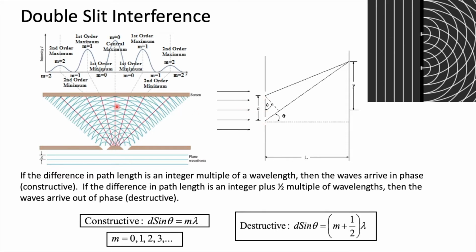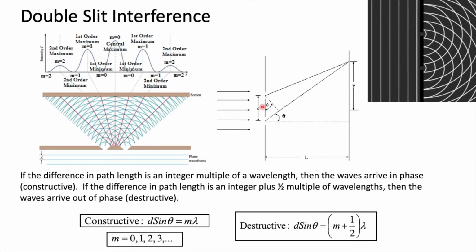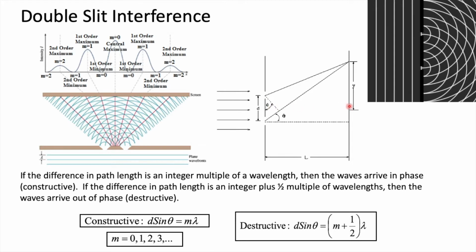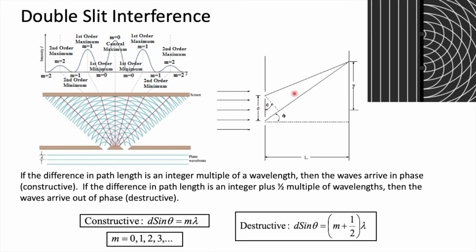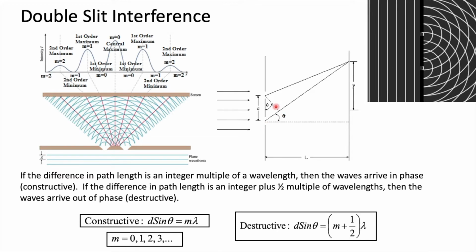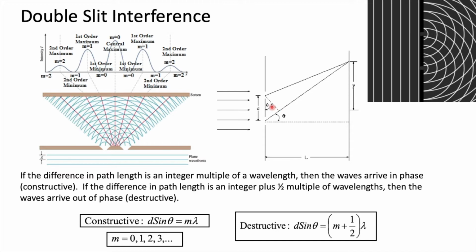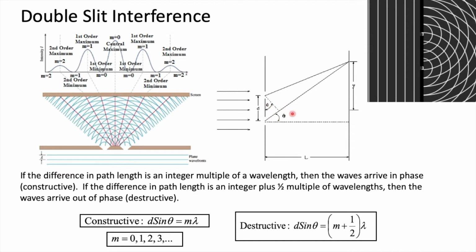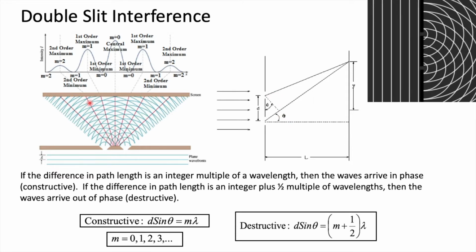The vertical line here is at the center between the two slits. For one example, we're taking the waves that are both directed at theta degrees from the horizontal, something like this wave here.